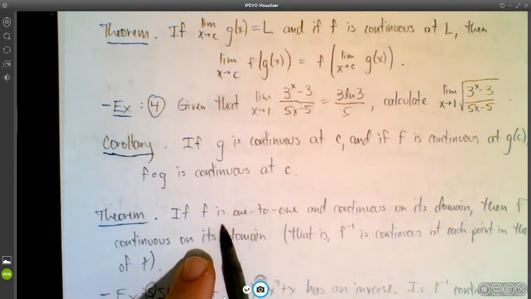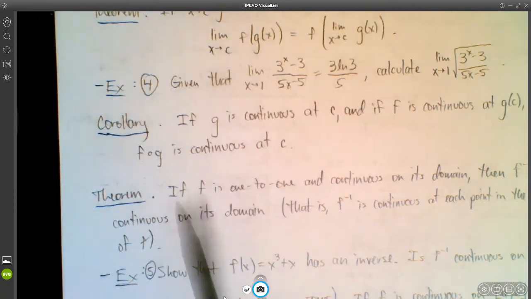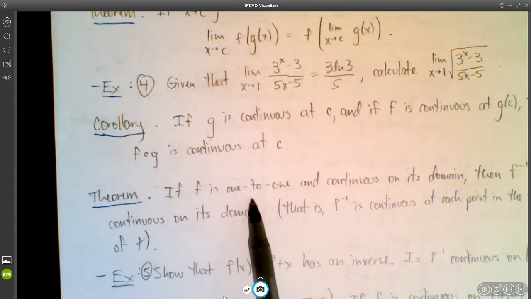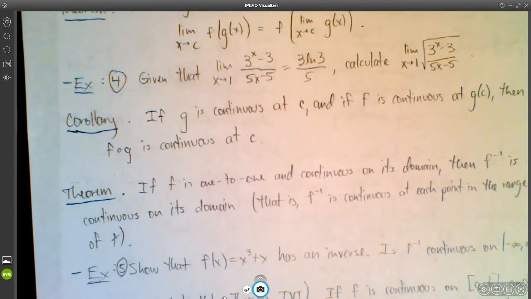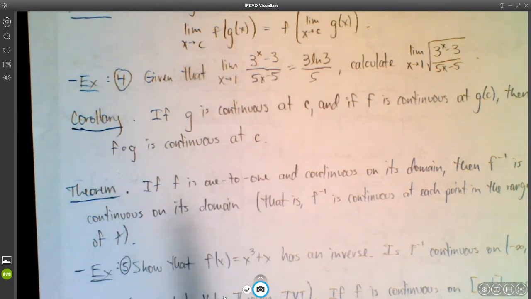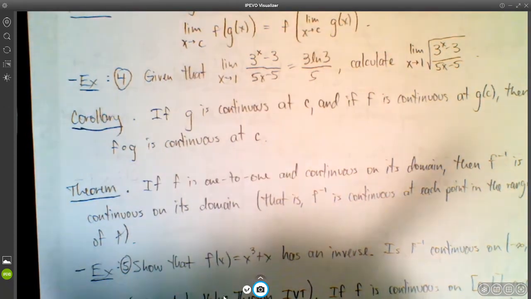Here's another theorem. This has to do with inverse functions. If f is 1 to 1, remember that a 1 to 1 function is a function that has exactly one input value for every output value.